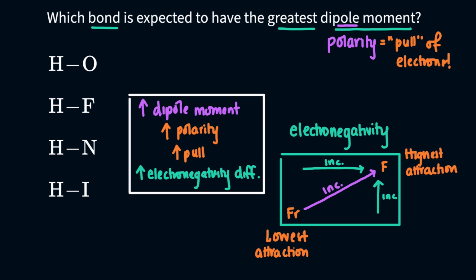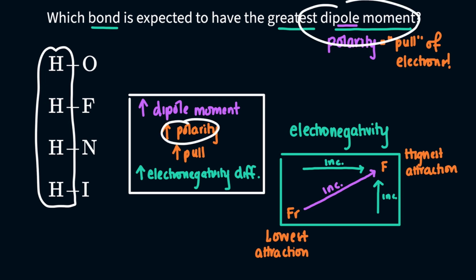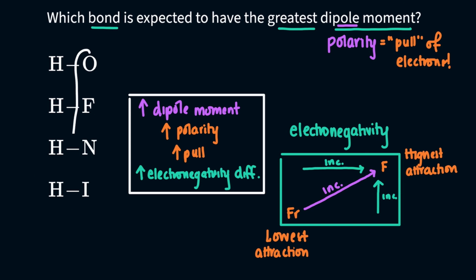Okay, beautiful. So the H's for all of these are identical. So this is not going to touch anything in terms of being the most polar, having the highest pull, having the highest dipole moment. We just have to look at these guys. And if we want the greatest electronegativity difference, that means that we have to have the greatest electronegative guy out there. The greatest dipole moment would have the greatest polarity and the most pull, aka the highest attraction.